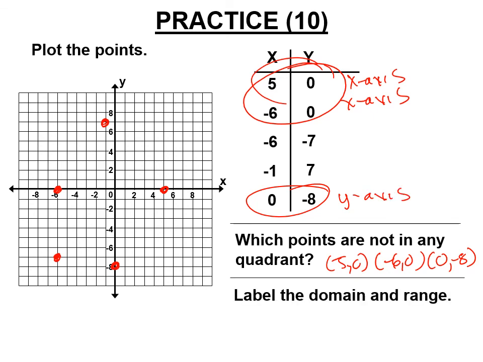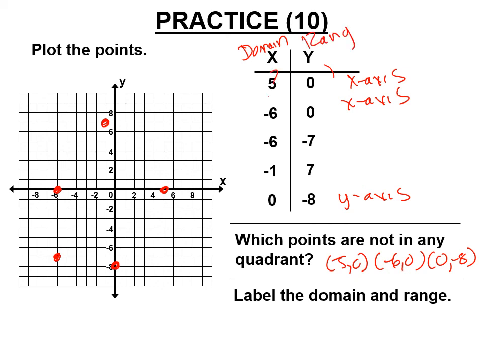Label the domain and range. What's nice about t-tables is, right, you can just literally write domain up here, although there's the duplicate -6, it's fine, right? So the domain is 5, -6, -1, 0. The range is 0, -7, 7, -8. Range is the y values.